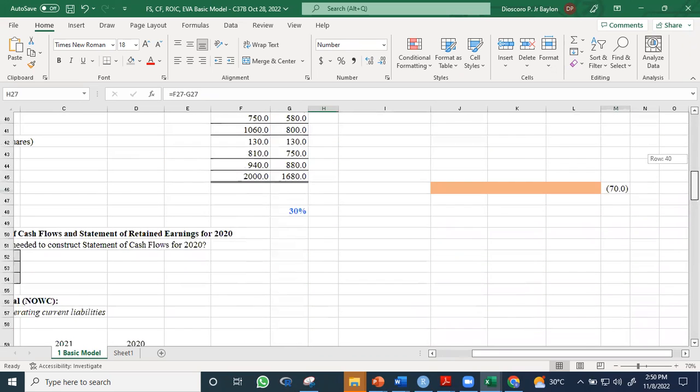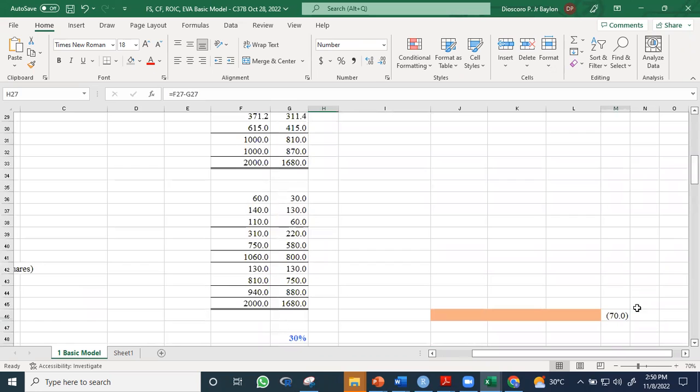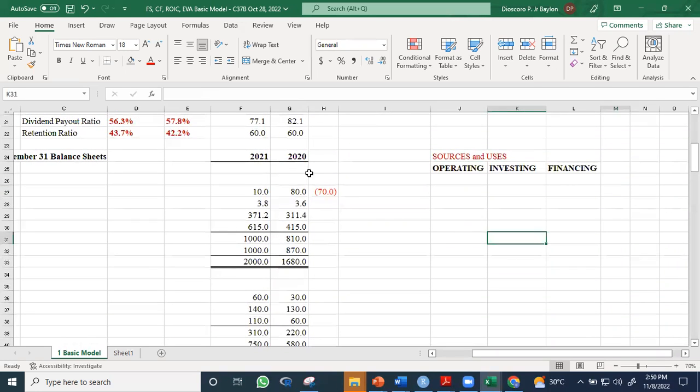They should be equal. If it's not equal, then something's wrong with our totals. Now, of course, we're sure that this is negative 70 because we're sure of these cash balances, and just getting the difference will mean that there was a decrease in cash of 70,000.